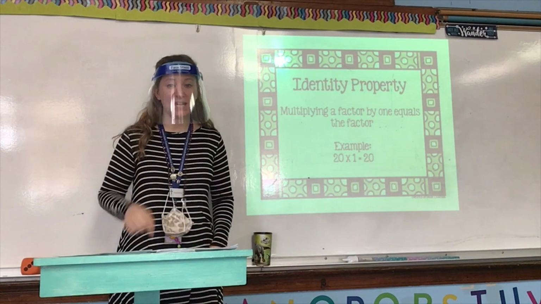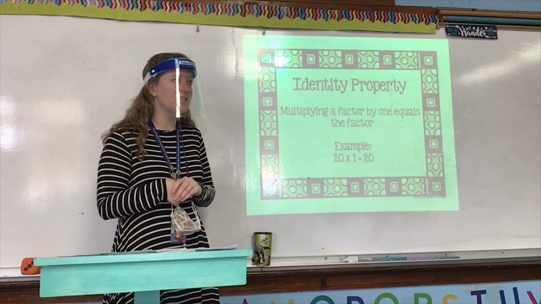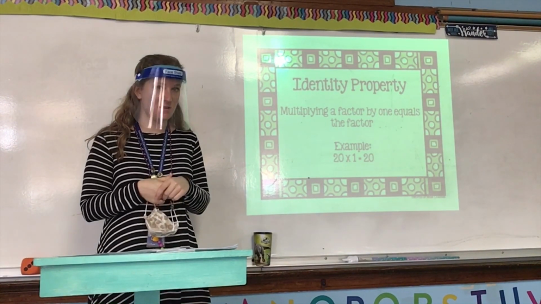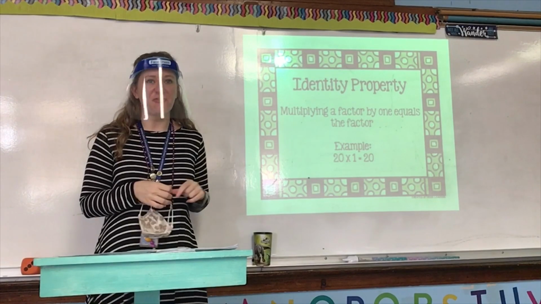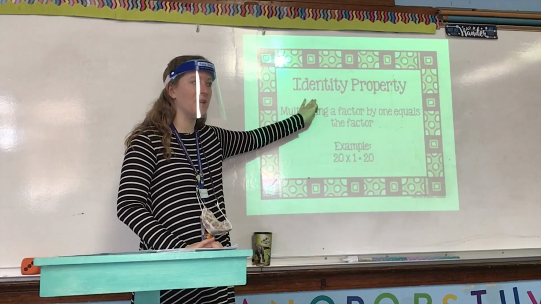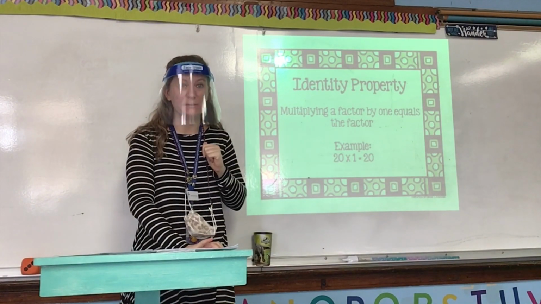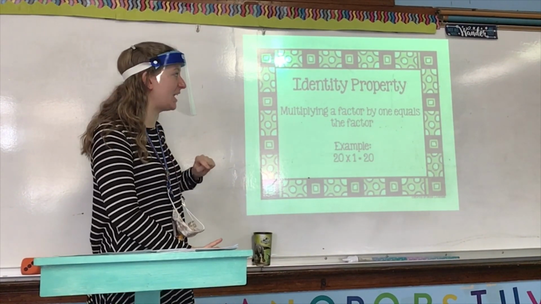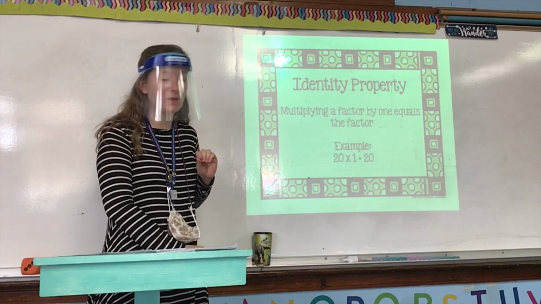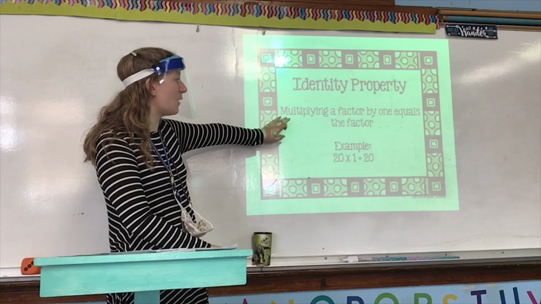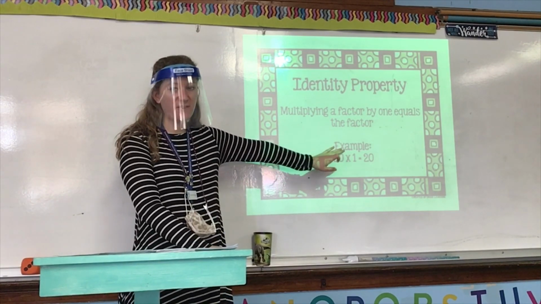In the addition section, we learned that if you add 0 to any number, the answer is that number. Well, it's a little different in multiplication because in multiplication, the identity property has nothing to do with 0. So don't get that confused. The identity property of multiplication has nothing to do with 0. It says multiplying a factor by 1 equals the factor.